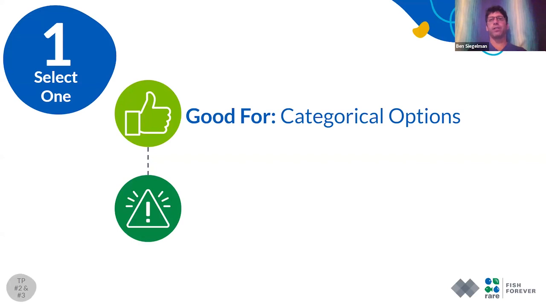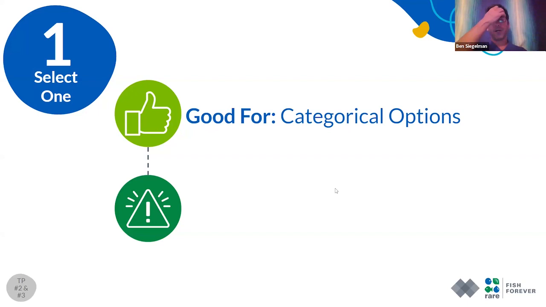They can be categories of things, categories of people. It can be true or false, agree or disagree. Those are also a version of multiple choice options. They can be really, really useful. They're simple, with clear results. But I'm going to show you some examples here that don't work very well.